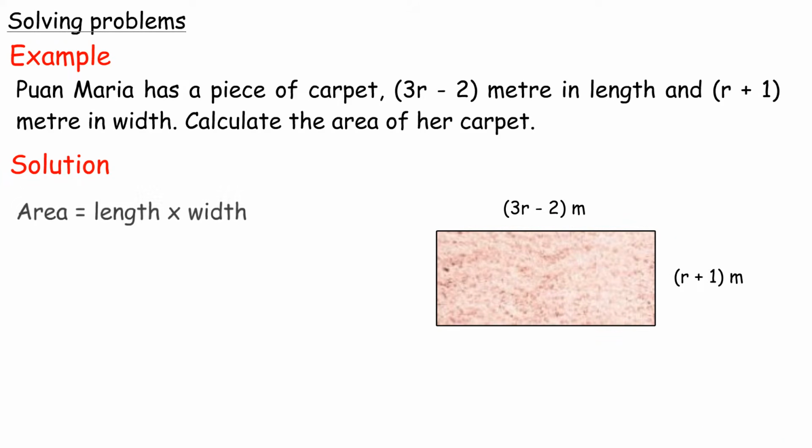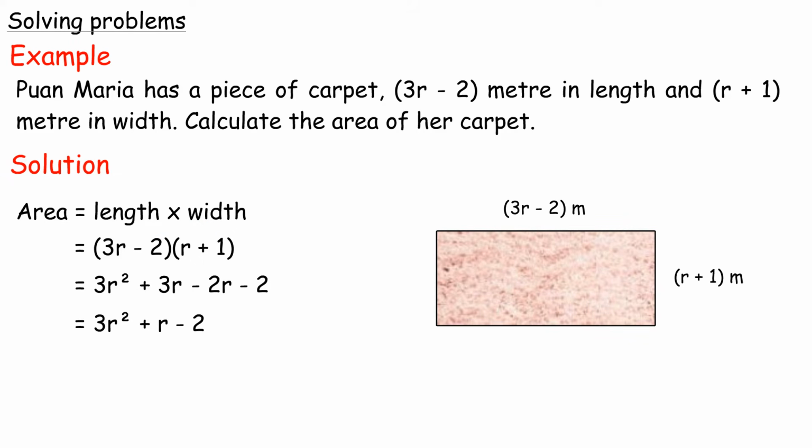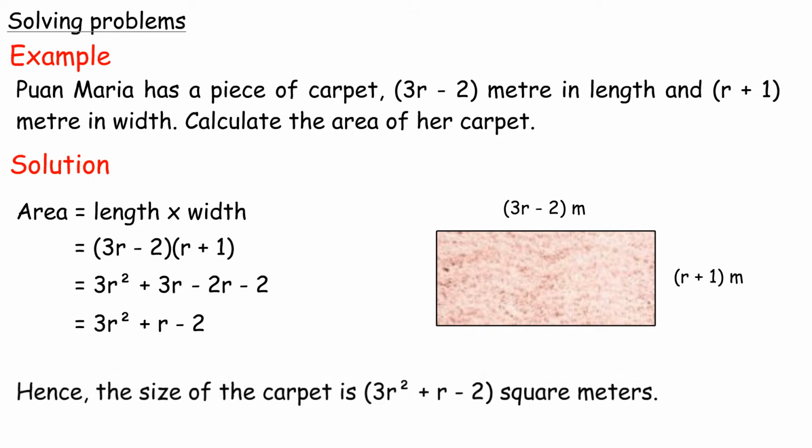Area equals length times width, equals (3r minus 2)(r plus 1), equals 3r squared, plus 3r, minus 2r, minus 2, equals 3r squared, plus r minus 2. Hence, the size of the carpet is 3r squared plus r minus 2 square meters.